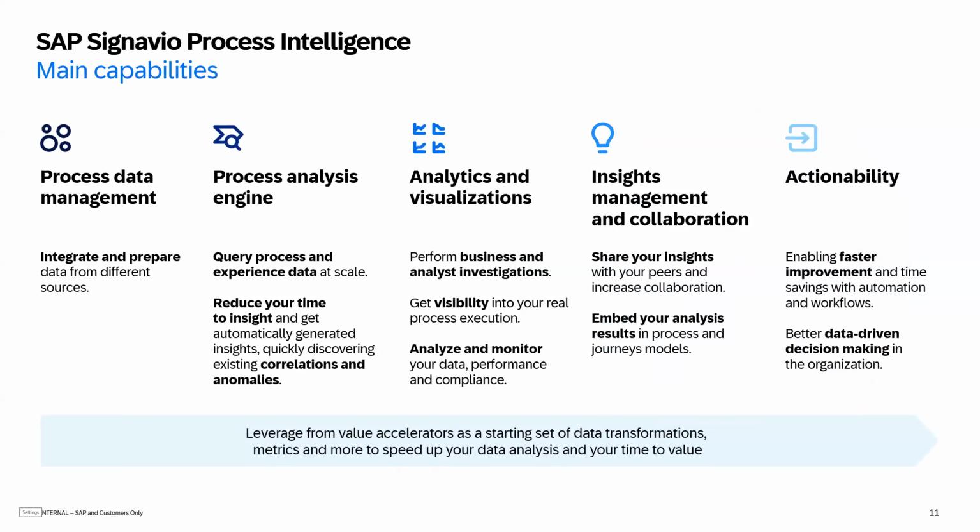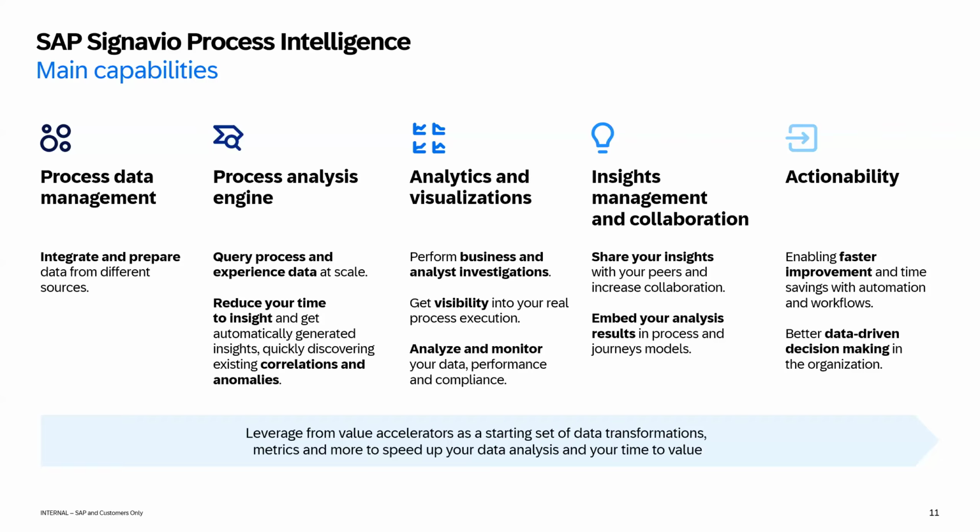So the main capabilities, let's look at this. That includes process data management capabilities that allow you to acquire data from several systems, as mentioned. That's SAP and non-SAP sources, so that you can mine your processes end to end and at scale.